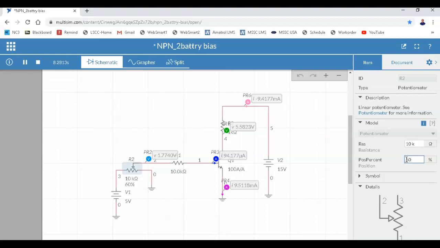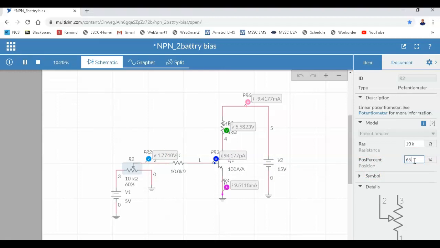That's across the collector, I mean, voltage collector to emitter. So notice as I go down with the voltage, so here's my voltage right here, it moves toward cutoff, right?